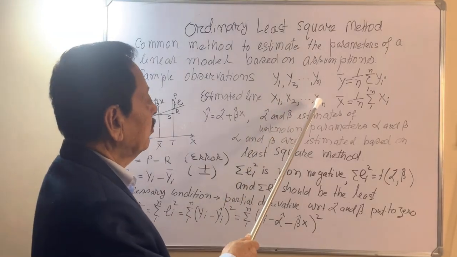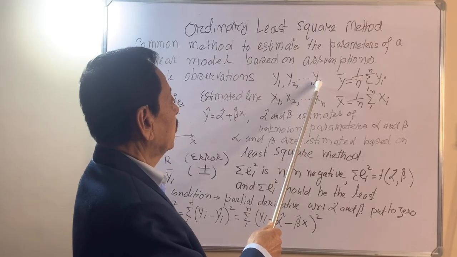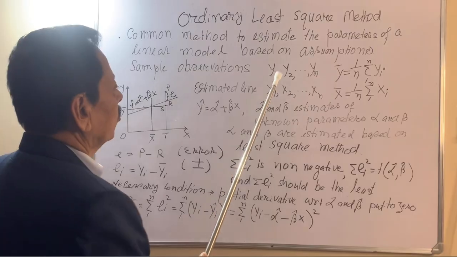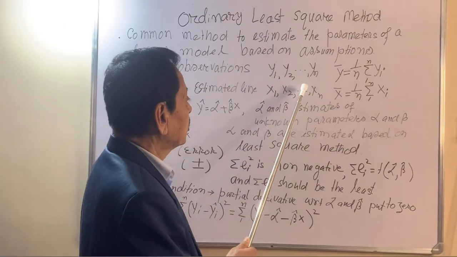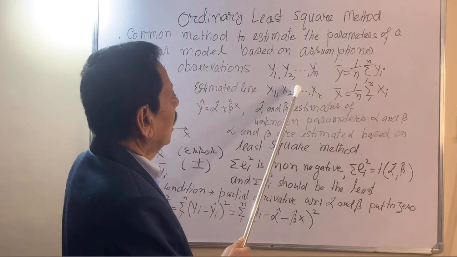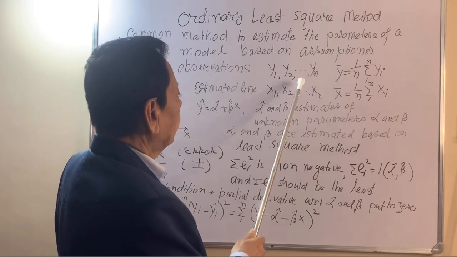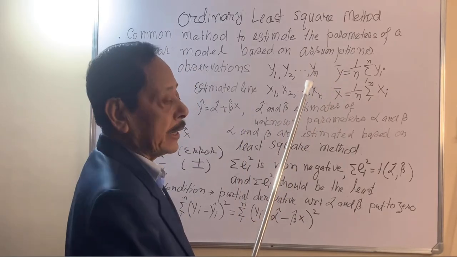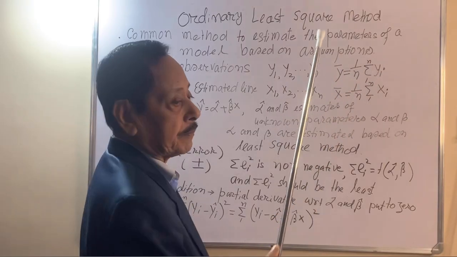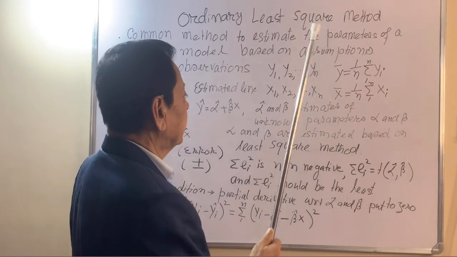So for n number of pairs or observations between y, production, and x, input, we'll have the coordinates in the graph representing y and x. The average of y will be 1 by n summation yi. So if you sum up and divide by n, this is the average.